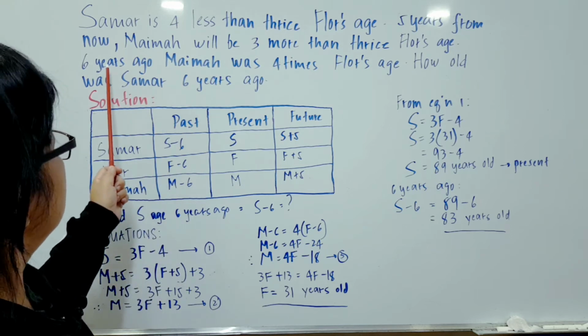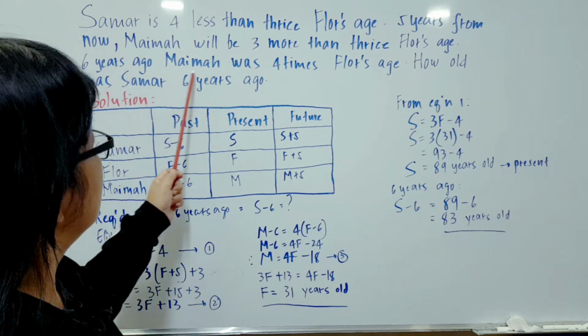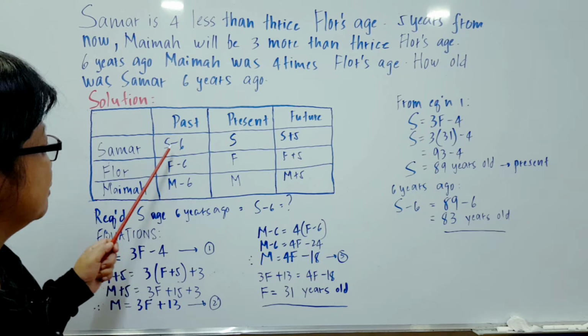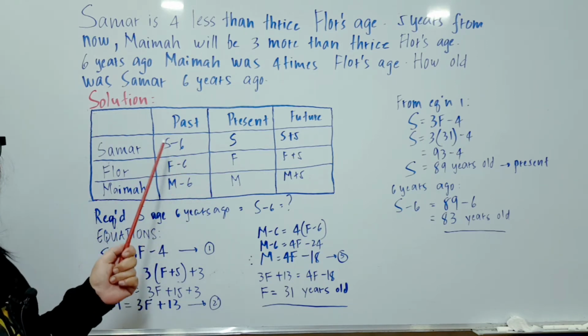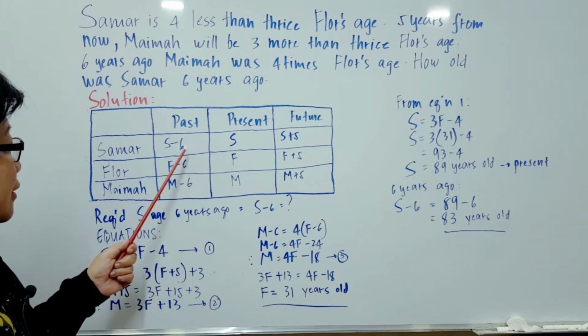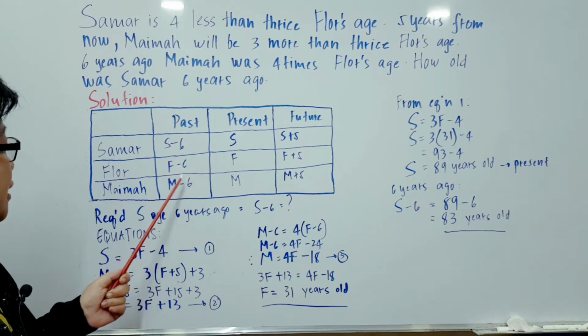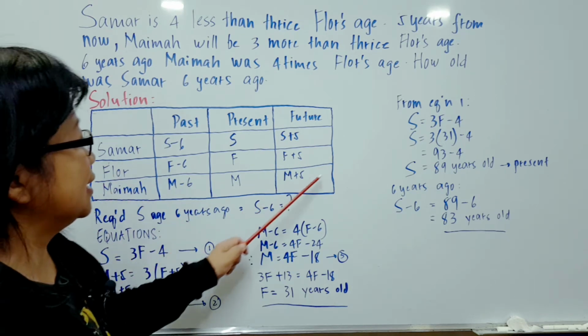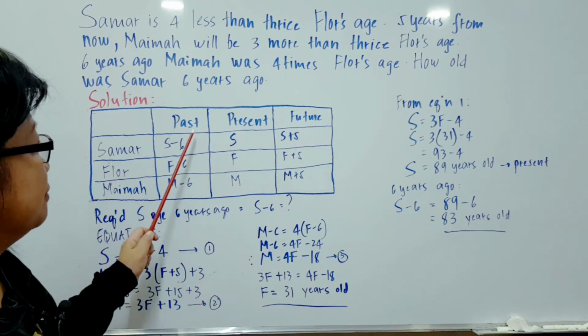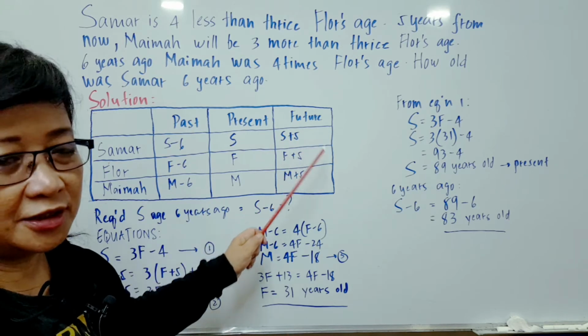And then, another statement here, 6 years ago, that means the past. So, their ages are minus 6: Summer minus 6, Flor minus 6, and Mima minus 6. Isn't that easy to understand? There are the past, present, and future ages.